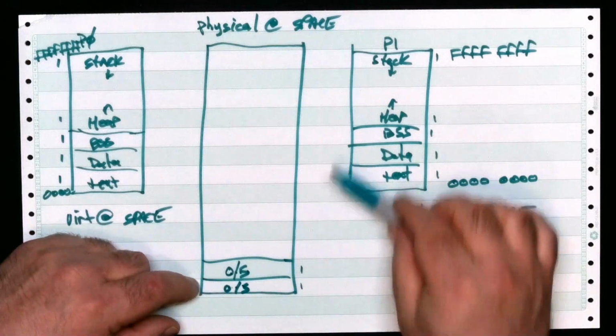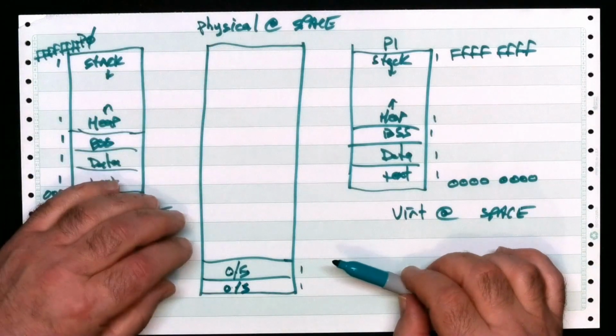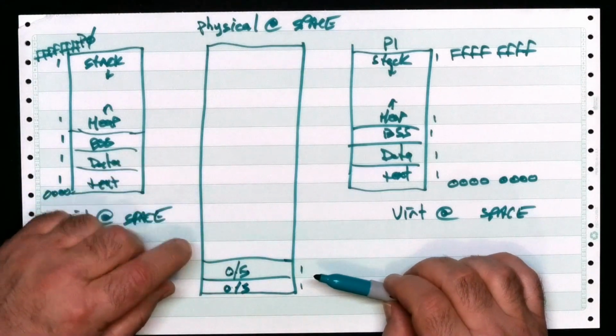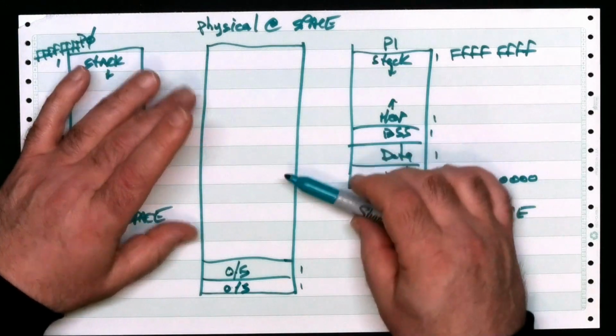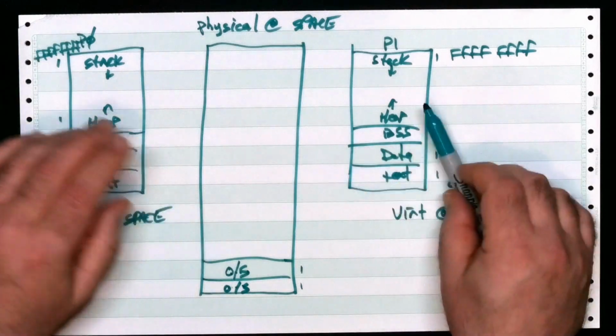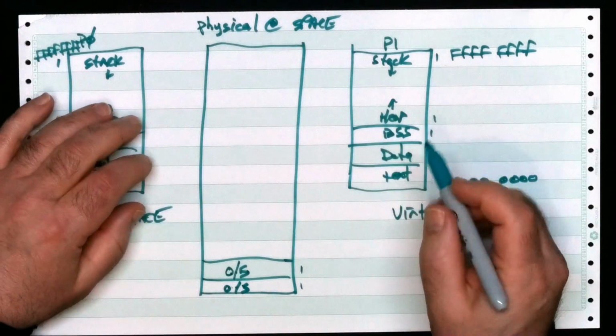The real physical address space down low and down high is almost always in use by the operating system and I/O devices and all kinds of physical things to do with the machine. It's usually the middle part of the actual real memory that is available to be allocated, in the way I'm going to talk about here, to these running processes. But where it is, we'll see, is not relevant at all.